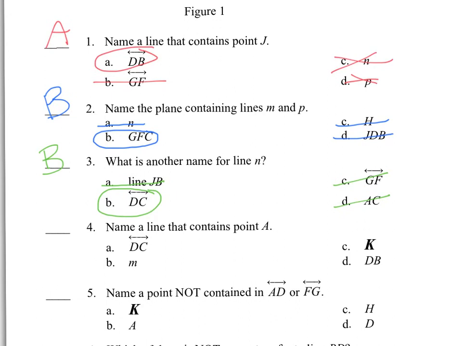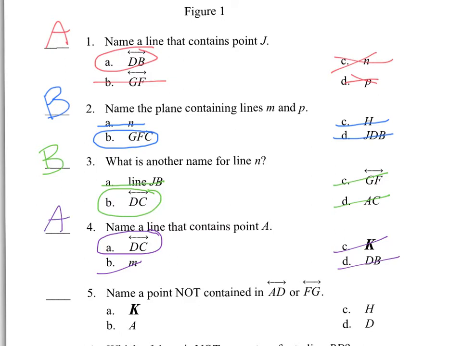So we could call it line N. Line N is not an option anywhere. It is definitely not line M. And it is not K. K would be another name for this plane, but that's not it. So again, it's going to be including D and C. Notice the notation. DB doesn't work. The answer there is A.